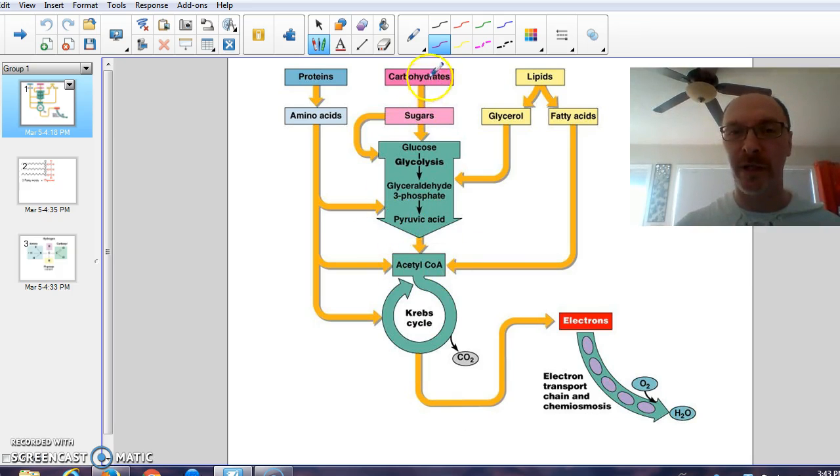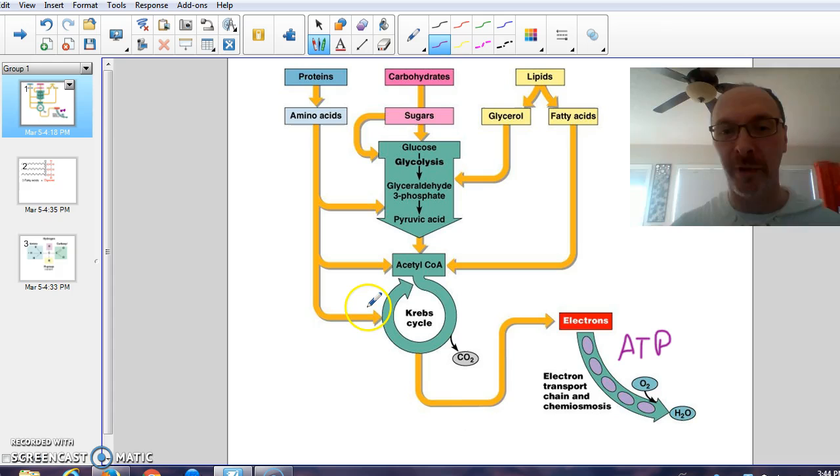So far we've been focusing on carbohydrates, specifically glucose. If you recall, glucose goes through cellular respiration. We do glycolysis, then pyruvate oxidation, then the Krebs cycle, and every one of those steps extracts energy from the glucose, and then ultimately electrons will be moved to the electron transport chain down here, and we'll get a production of ATP.